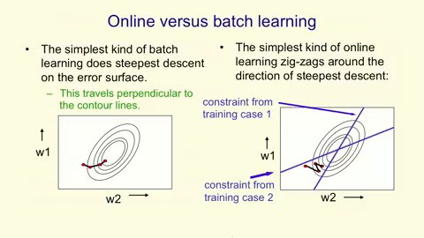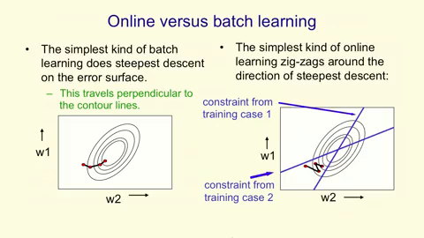Using this error surface, we can get a picture of what's happening as we do gradient descent learning using the delta rule. What the delta rule does is compute the derivative of the error with respect to the weights. And if you change the weights in proportion to that derivative, that's equivalent to doing steepest descent on the error surface.